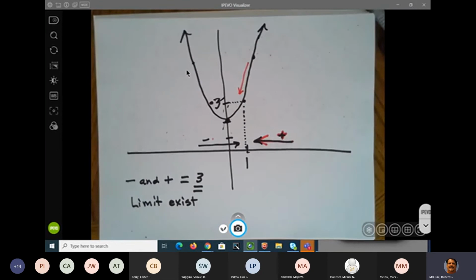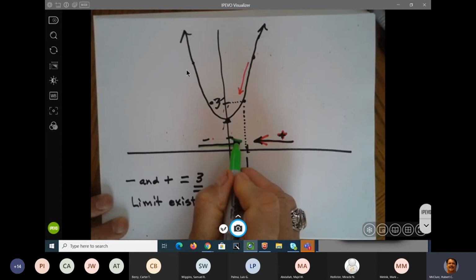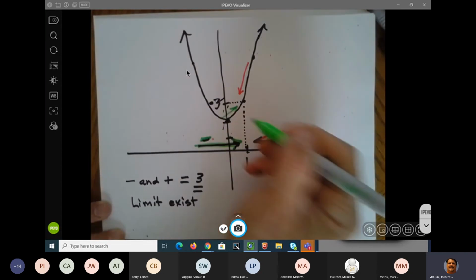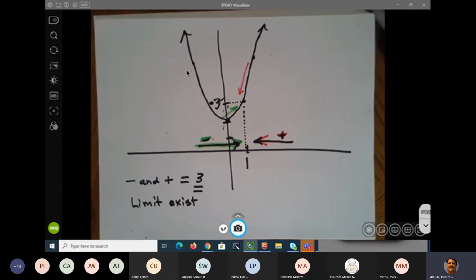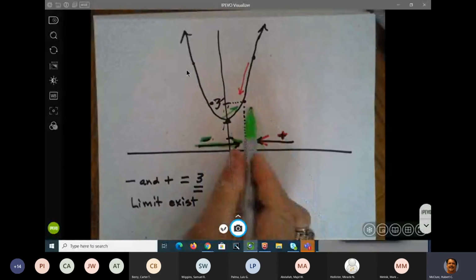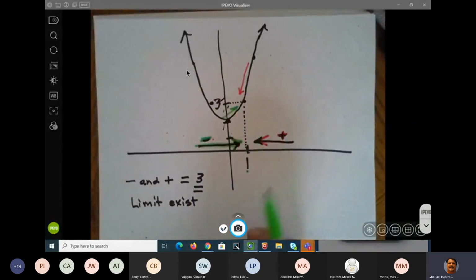As I approach x equals 1 from the left, on my function, I'm approaching 3. So the limit of this function at x equals 1 is 3. And that's why the limit exists.